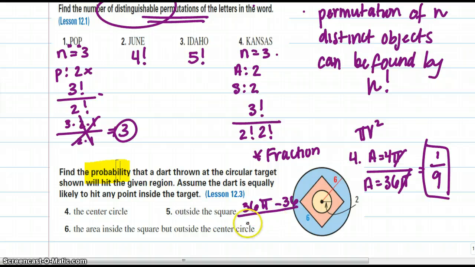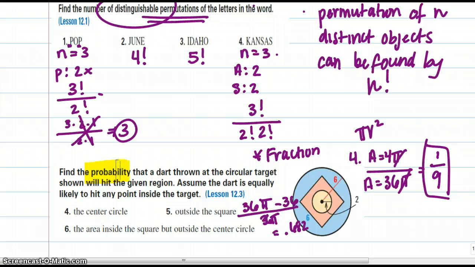And then I divide it again by the entire area of my circle. So 36 pi minus 36, divided by 36 pi. If you take out your calculator, you get 0.682. So the probability that it lands anywhere in that blue region is 0.682.